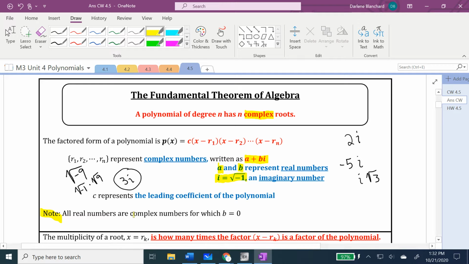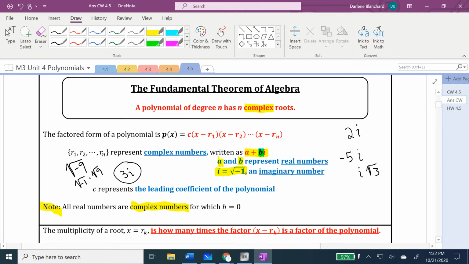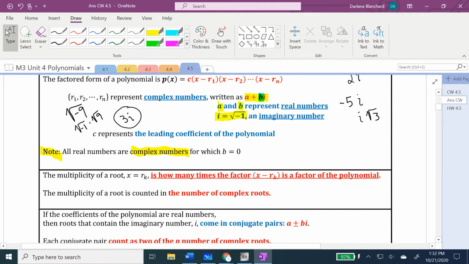Realize that when a complex number is a real number, the b right here just happens to be the number 0. So when I tell you that a polynomial of degree n has n complex roots, they might all be real numbers, but some of them could be numbers that aren't real.